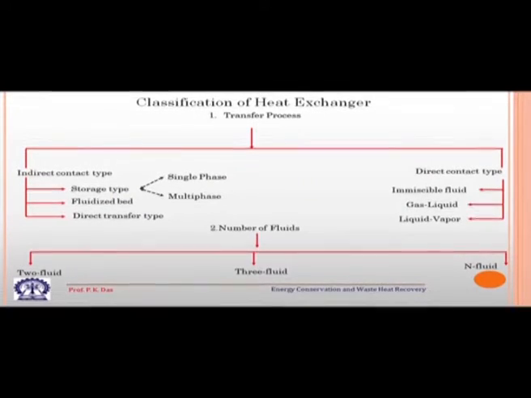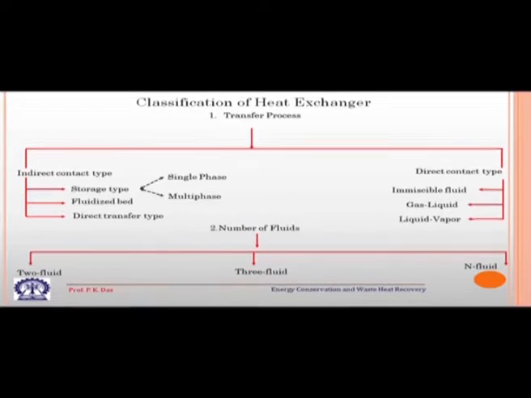Depending on transfer processes, heat exchangers can be classified, and most of the heat exchangers are indirect contact type. That means the two fluids will not contact each other; they will thermally interact with each other through some sort of a solid wall. These are called indirect contact type. There is the storage type heat exchanger.